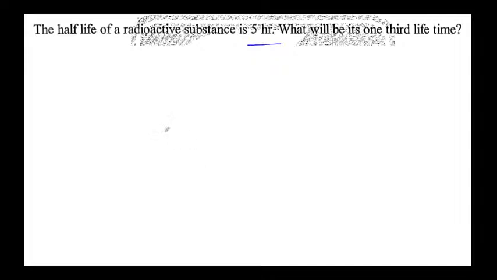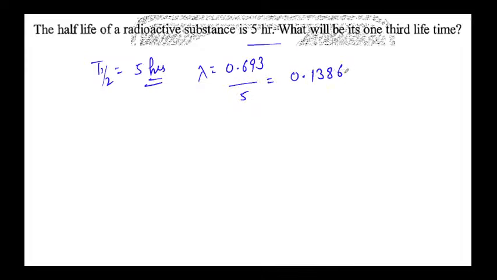So T half is 5 hours. From this you can find the value of lambda, 0.693 over T half, which is 0.1386 hour inverse.